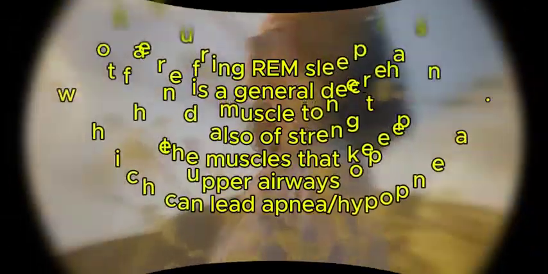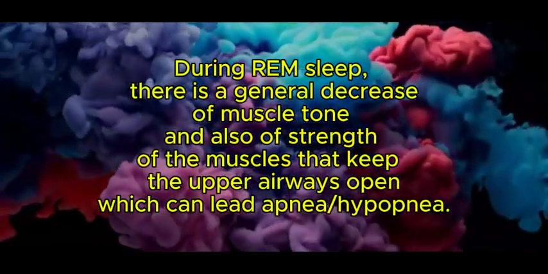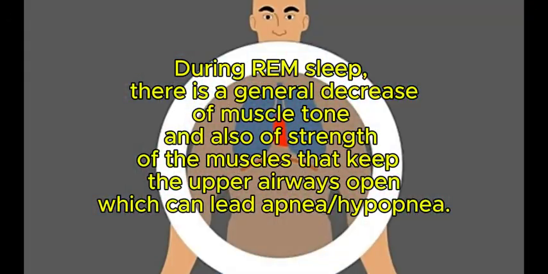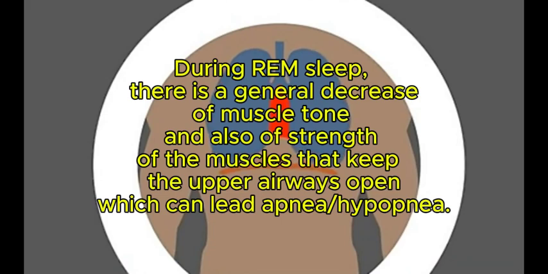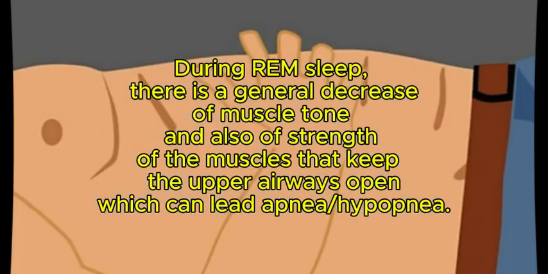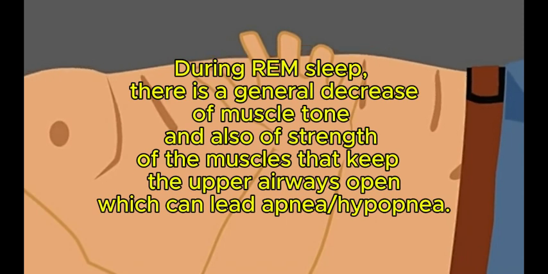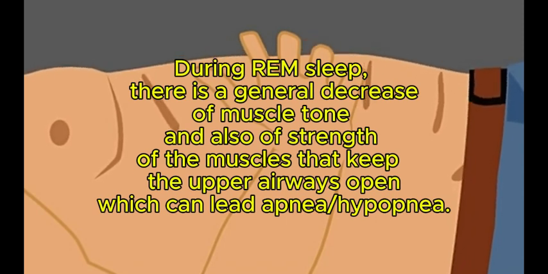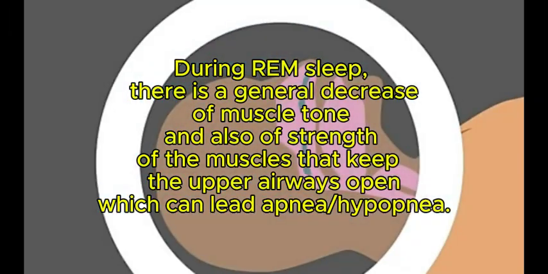Furthermore, during sleep, essentially during REM phase, there is a general reduction in muscle tone and also in the strength of the muscles that keep the upper airways open, which can lead to apneas and hypopneas.